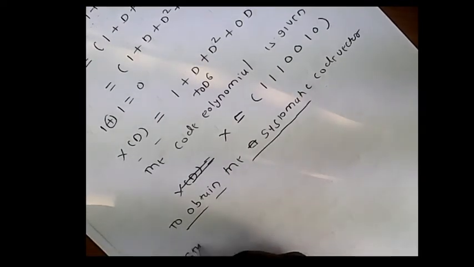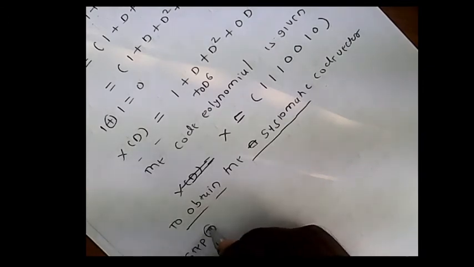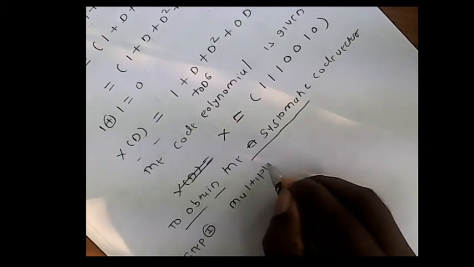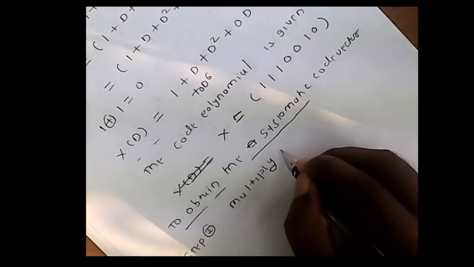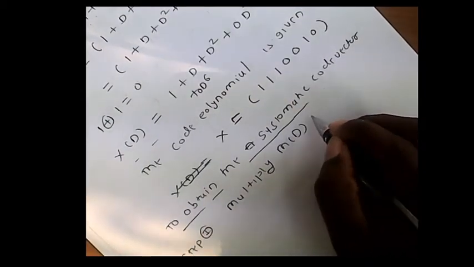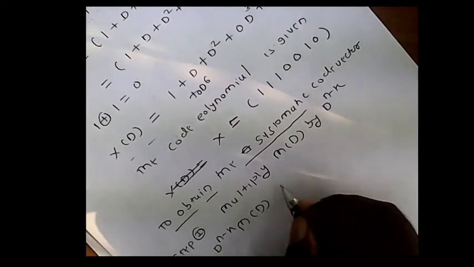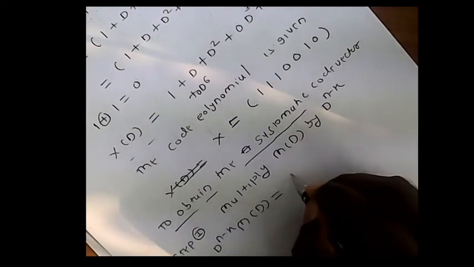Step 1: multiply the message polynomial, which is obtained in equation 1, by d raised to n minus k. So d raised to n minus k times the message polynomial, which is d cubed times 1 plus d squared.